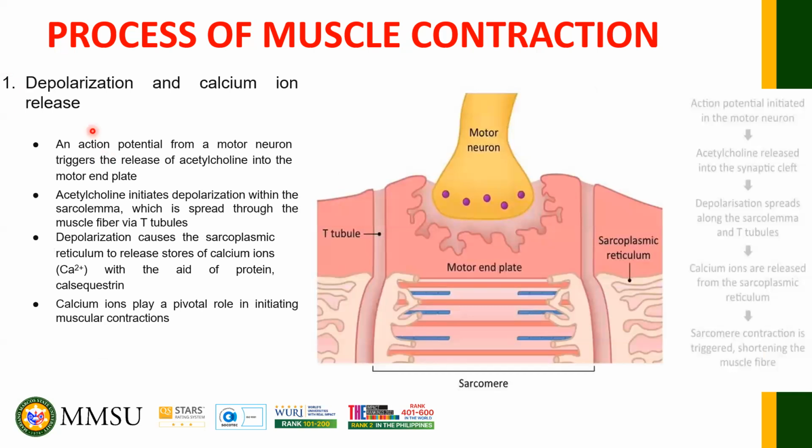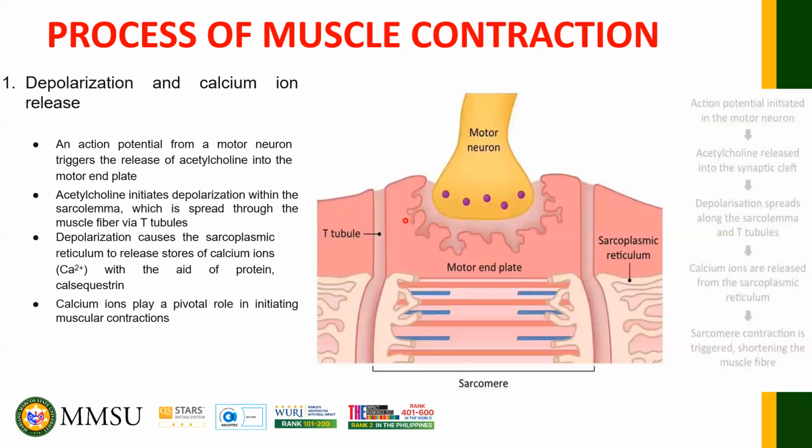Number one is depolarization and calcium ion release. So as what I have said, yung muscle contraction, it usually begins with the arrival of an action potential, which is the electrical signal, at the neuromuscular junction. Okay?